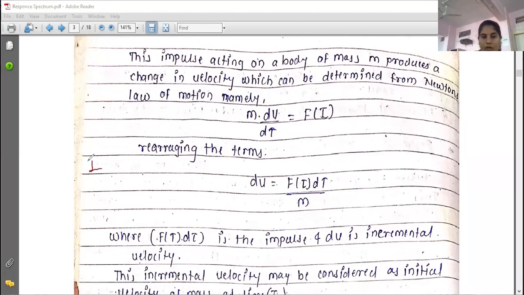What is the formula for impulse? Impulse, we already know, is nothing but force into time.